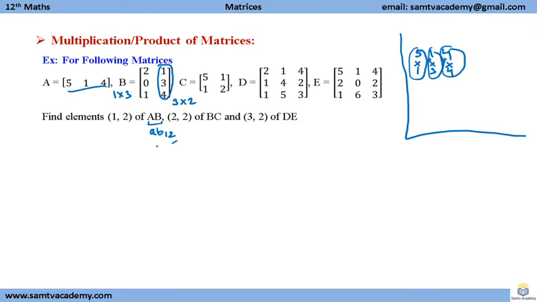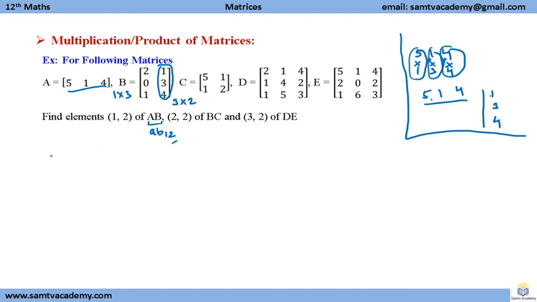So for solving this, you are taking the 5 1 4 row of A and the second column of the B matrix, as given. The second column will be 1 3 4 and you multiply respective elements: 5 into 1, 1 into 3 and 4 into 4.